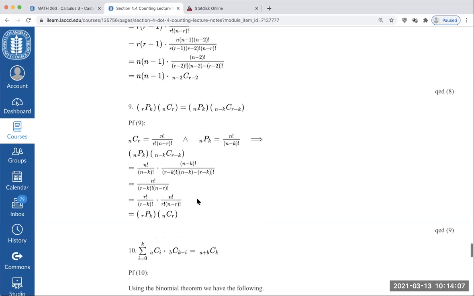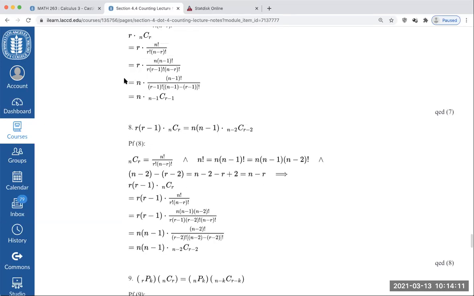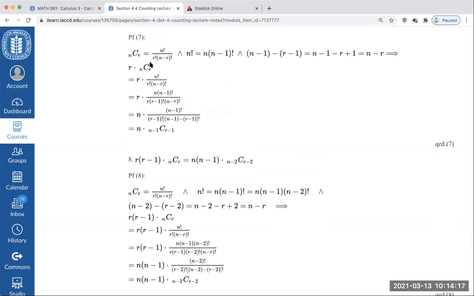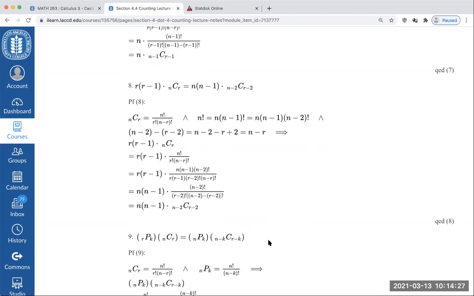If you let k equal 1, this is property 7. If you let k equal 2, this is property number 8. So properties 7 and 8 are just special cases of property 9.